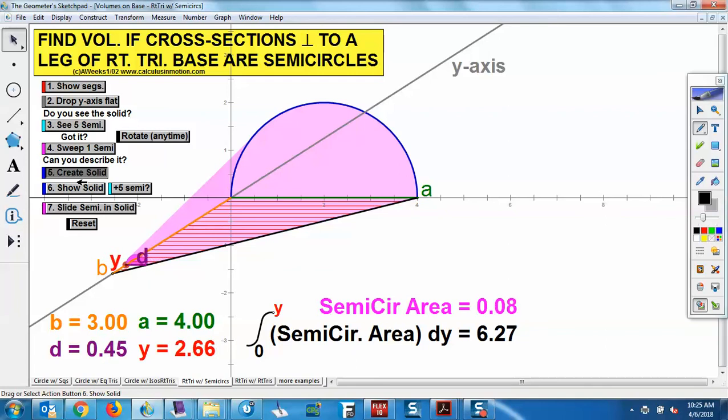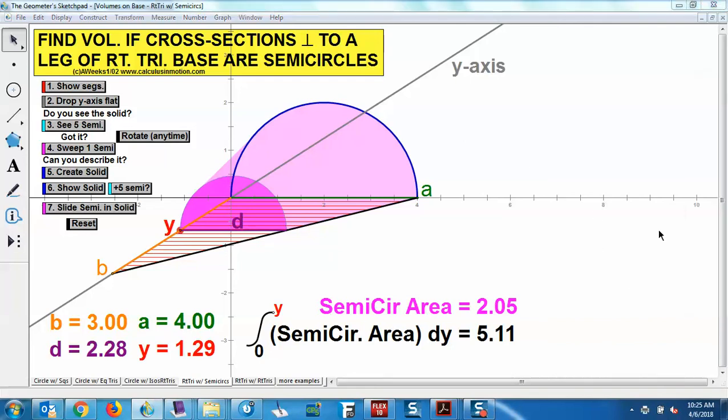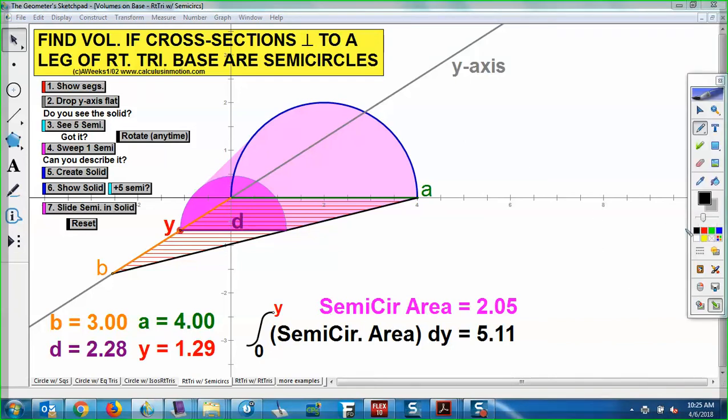There's no revolving happening with this solid. But our slices are semicircles. Well, here's your strip right here. What part of the semicircle is the strip? The diameter. So this time, when we do our strip, when we do our right minus left, it will be d equals something. Now, what's the area of a semicircle?